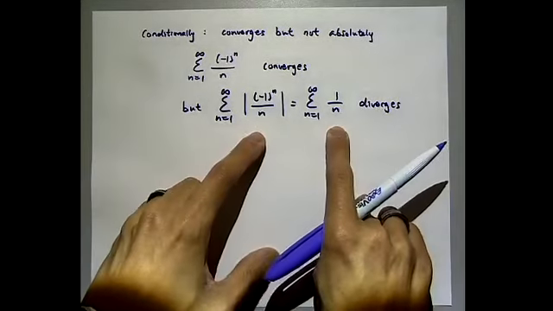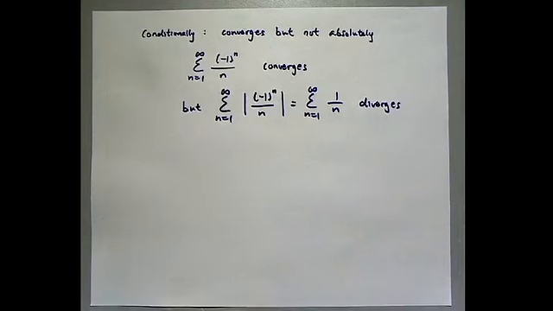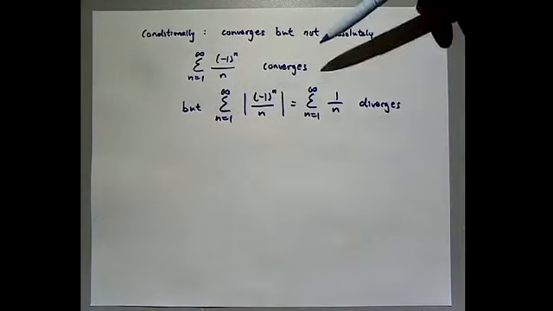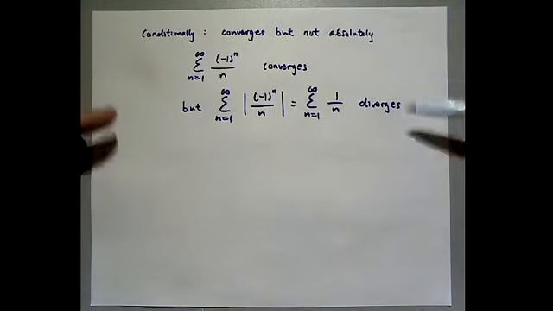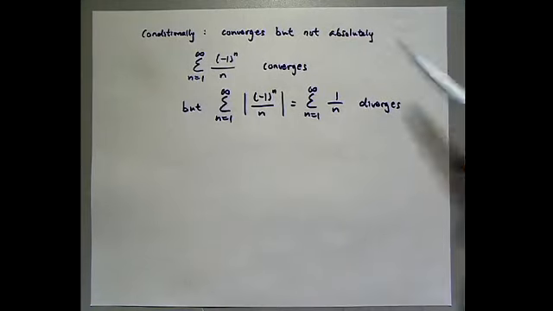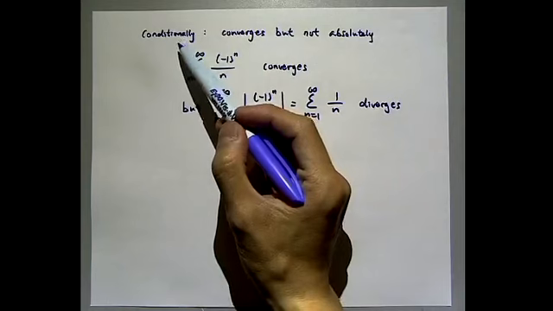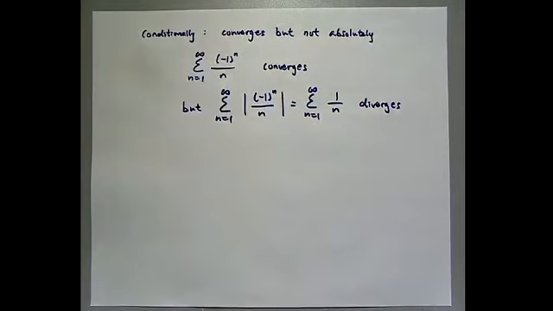It's a harmonic series that always diverges. So the series itself converges, but the absolute value of the series does not. That's a conditionally convergent series. Okay?